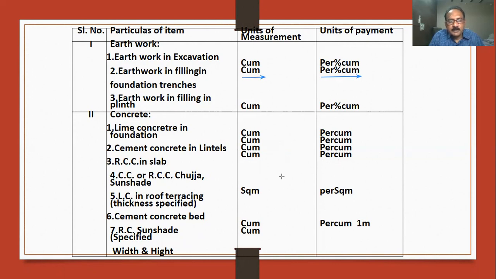Chajjas, the thickness is very small, that's why this is in square meters, so payment also in square meter. And sun shade is a small length. You calculate per cubic meter, payment also in cubic meter. We'll see the next slide.